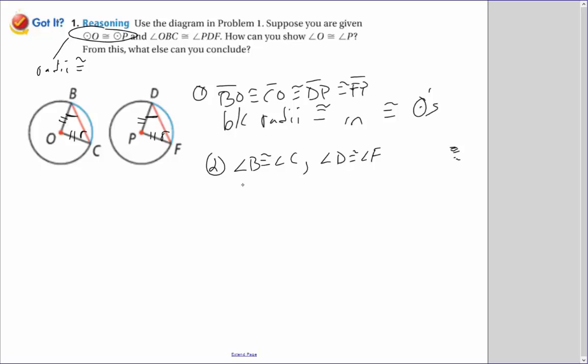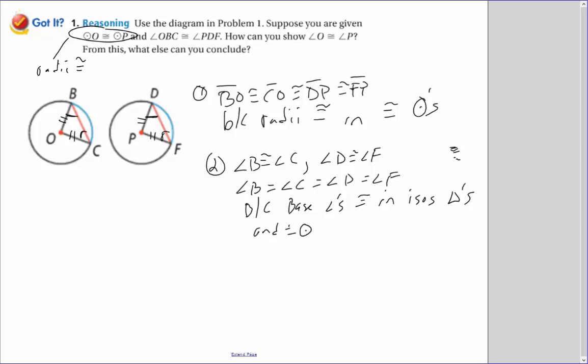And I know that angles B, C, D, and F are all congruent, because we have base angles congruent in isosceles triangles, and we have congruent circles.